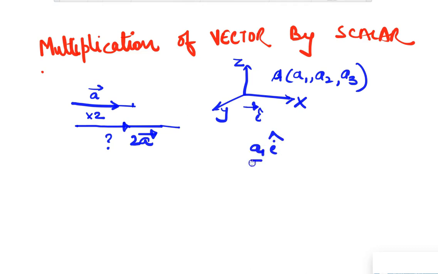So it's a scalar quantity multiplied by a vector quantity whose magnitude is equal to 1, plus a scalar quantity into a vector quantity in that direction with magnitude equal to 1, and so on. So we are simply using this property of multiplication of vector by scalar in our coordinate system.